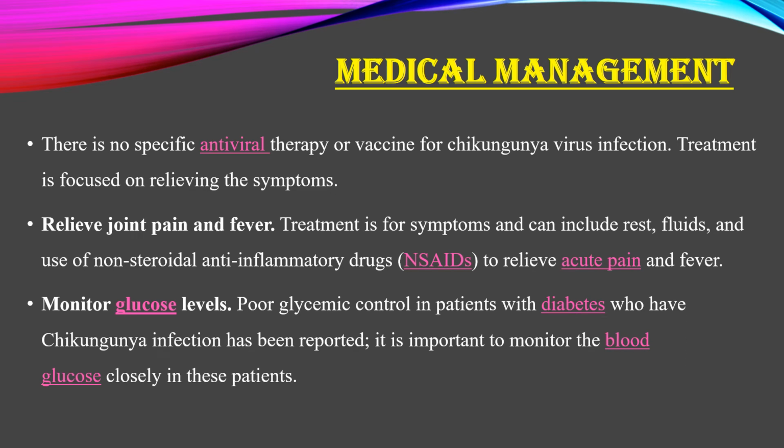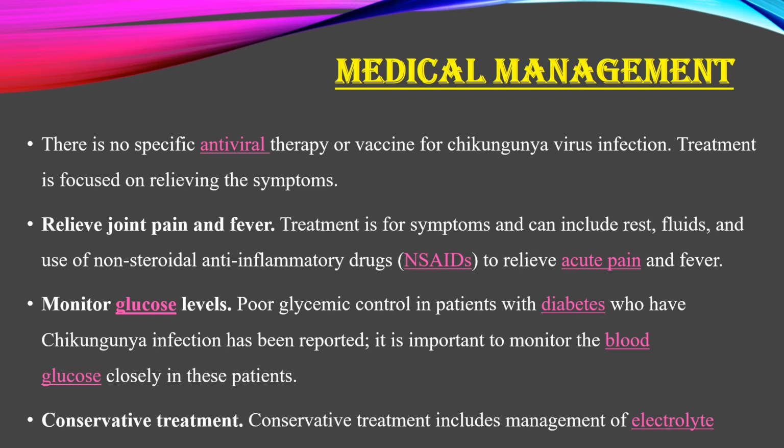Monitor glucose levels. Poor glycemic control in patients with diabetes who have chikungunya infection has been reported. It is important to monitor the blood glucose closely in these patients. Conservative treatment. Conservative treatment includes management of electrolytes.